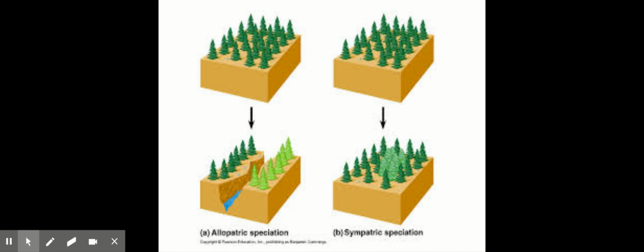So the next type of speciation, the second kind, is called sympatric speciation. And sympatric speciation does not require geographic isolation.